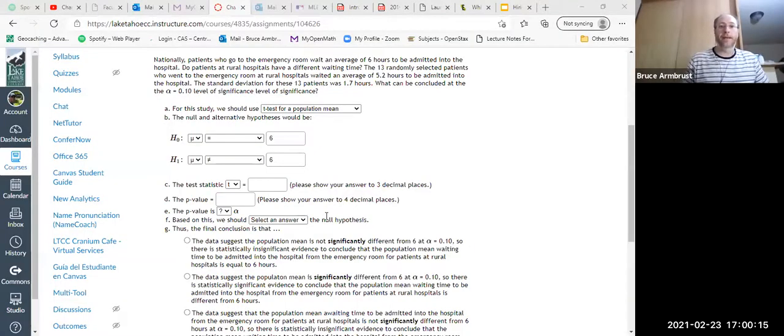Okay, so I think I figured out the calculator issues. So let's see if we can go back and do that problem. Let me remind you what we're working on. We were looking at this one about the patients at rural hospitals, and we want to see if their waiting time is different than it is overall.